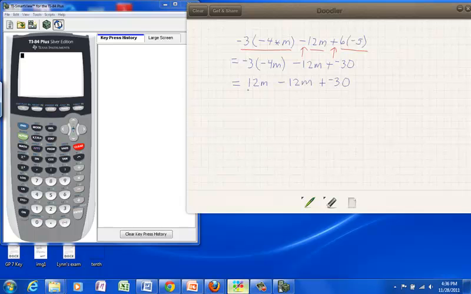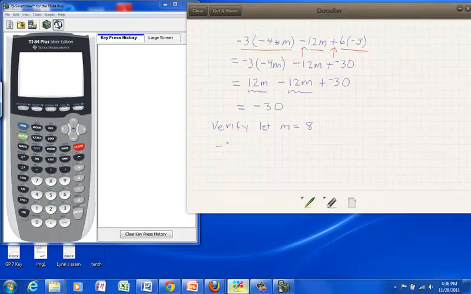Now if we're looking for like terms, I have 12m minus 12m, which goes to 0. And we're left with just negative 30. So let's pick a value for m. Let m equal 8.